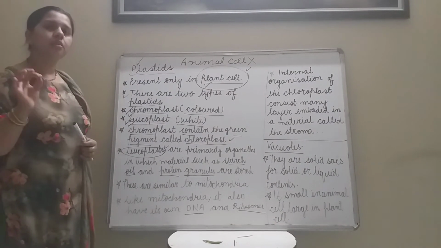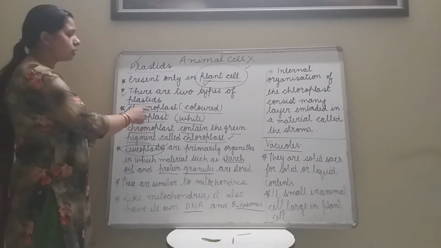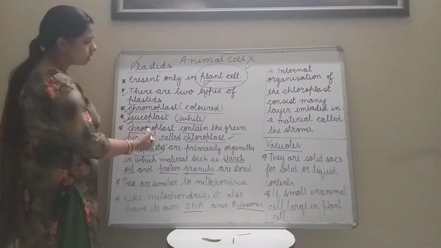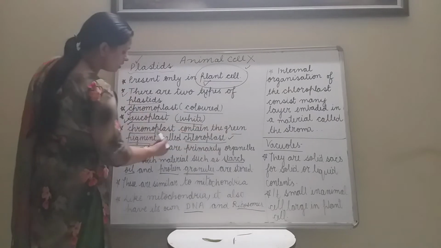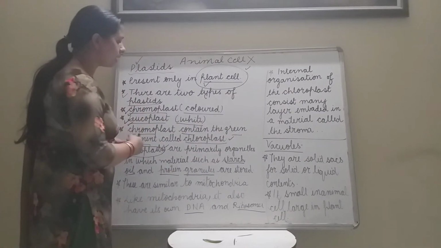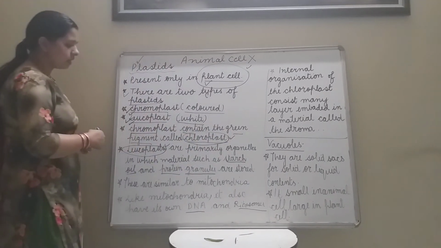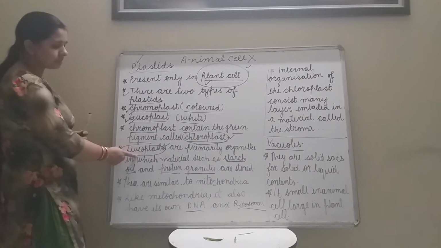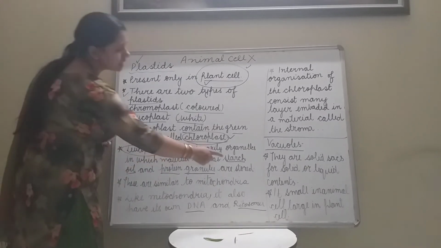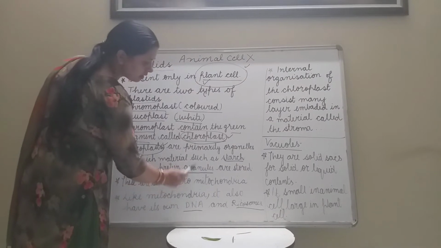Chromoplasts are colored and leucoplasts are white. Chromoplast contains green pigment called chloroplast. And leucoplast stores starch, oil and protein granules.